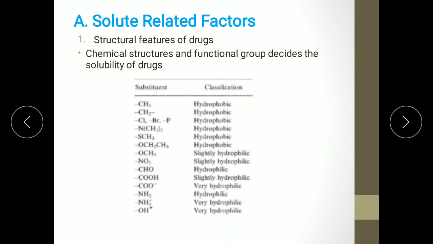So the effect of substituents also will be there on the solubility of drugs.